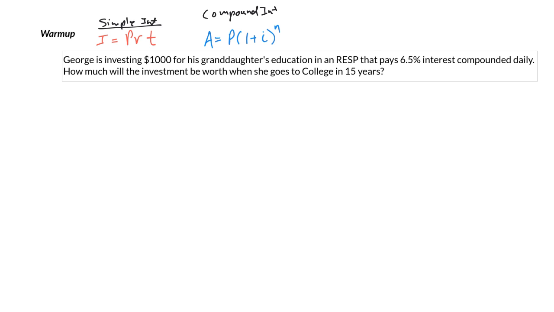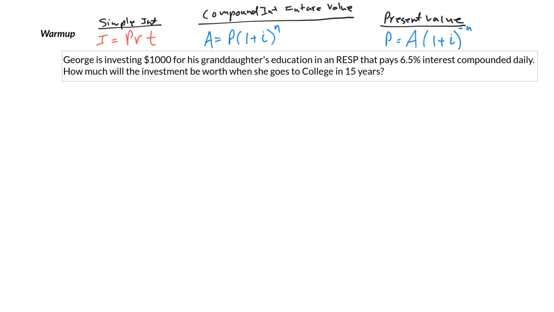We also know this as the future value, and that finds the amount of money that we're going to have in the future. And finally, we have this, which is what we call the present value for the compound interest.